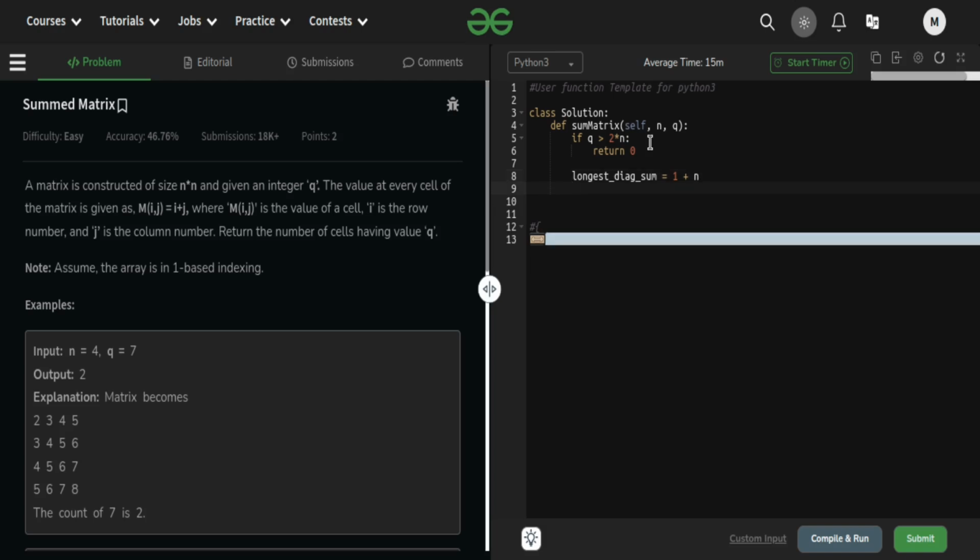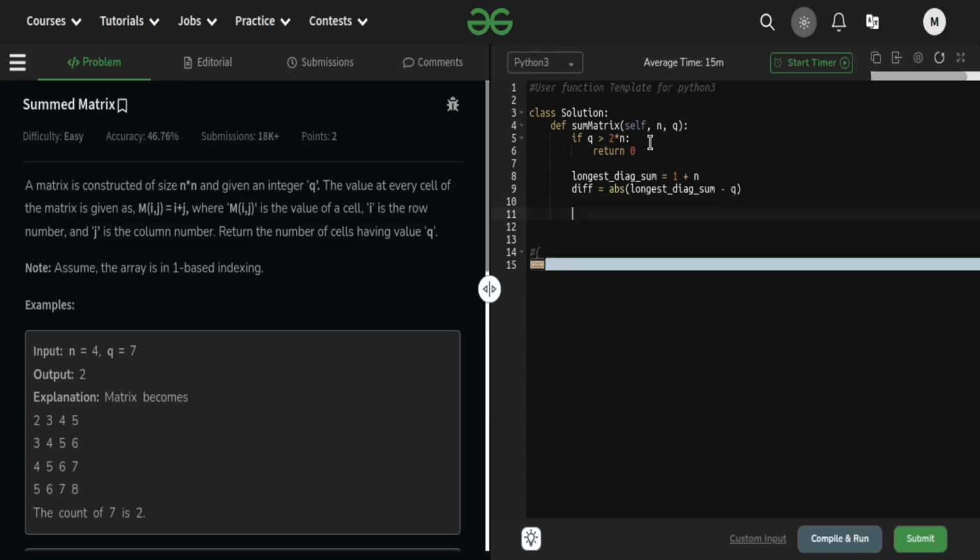Once we have this, let us compute our difference, which will be equal to the absolute value of longest diag sum minus q. And once we have this, the number of cells containing q will be given by n minus difference. And that's the code, folks.